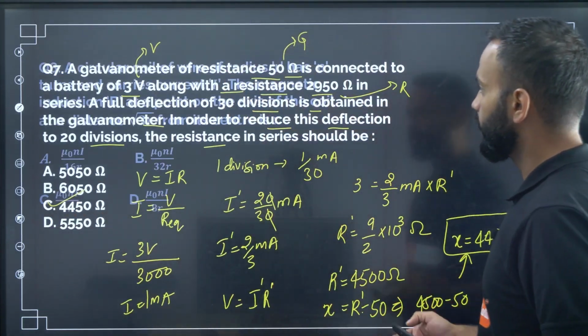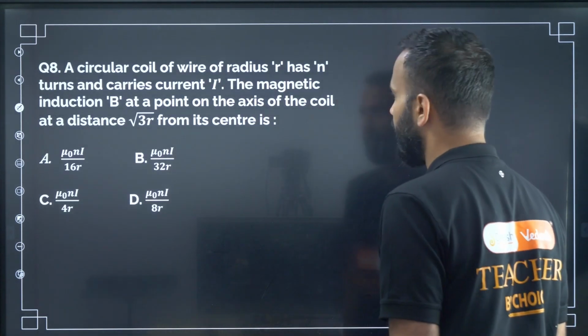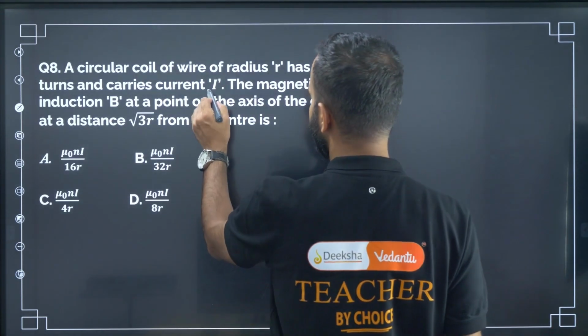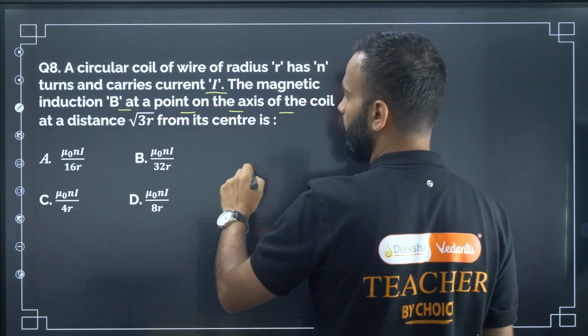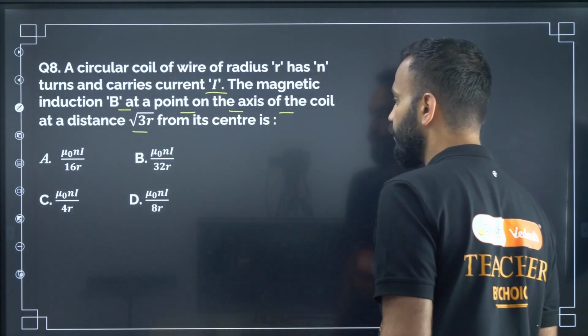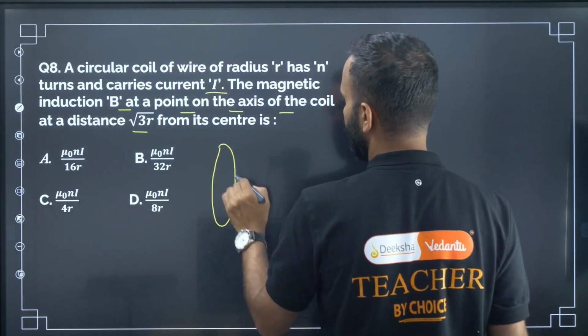Next question, question number 8. A circular coil of wire of radius R has N turns and carries current I. The magnetic induction B at a point on the axis of the coil at a distance √3r from its center. So this is the circular coil.